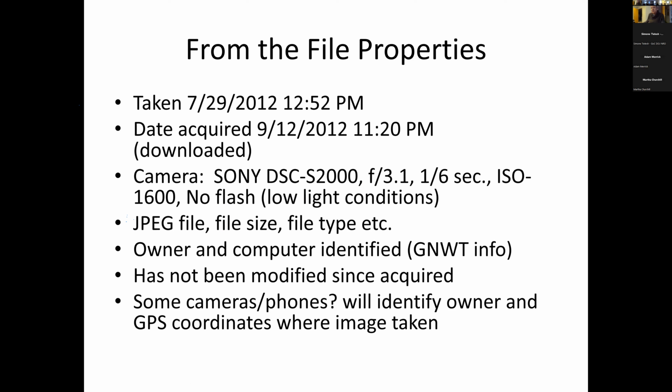Some will actually take the GPS coordinates of the image, including your cell phone. And if you have your location setting on your cell phone, it will most certainly do that, whether it's a GPS coordinate or it's triangulated using the cell towers.